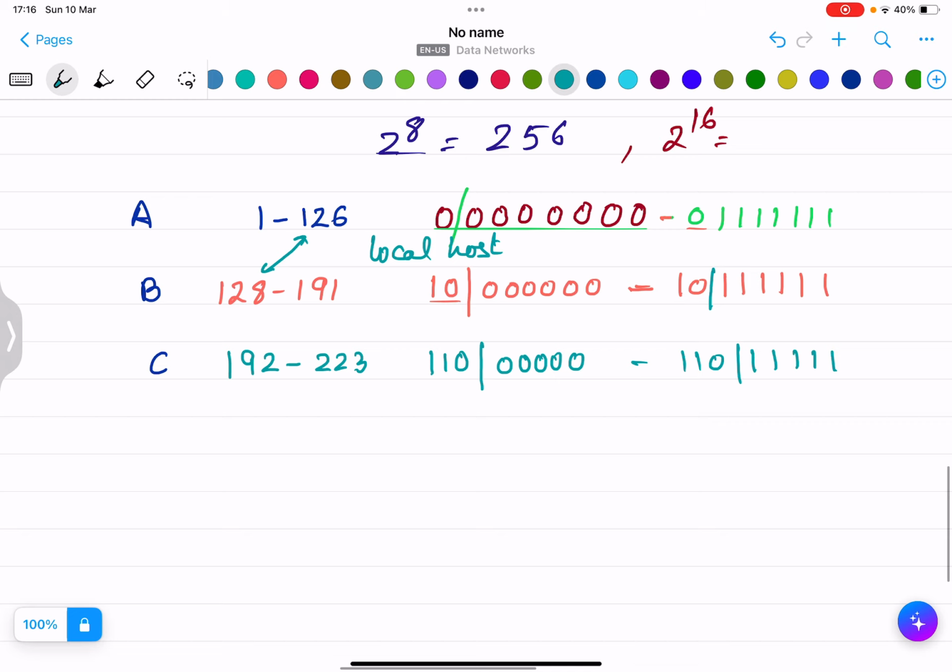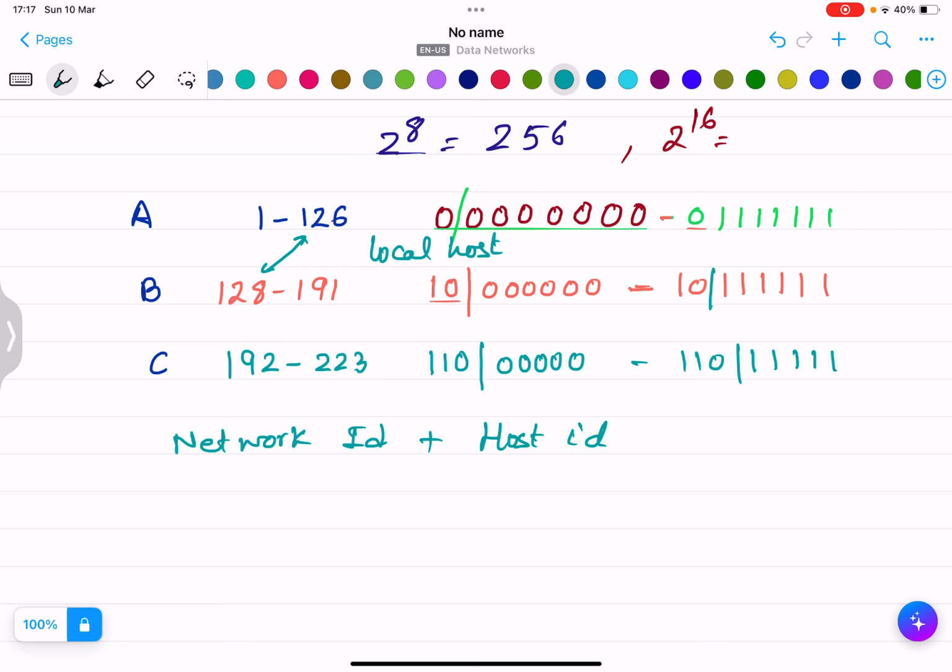For every network which we create, we have a network ID and host ID.